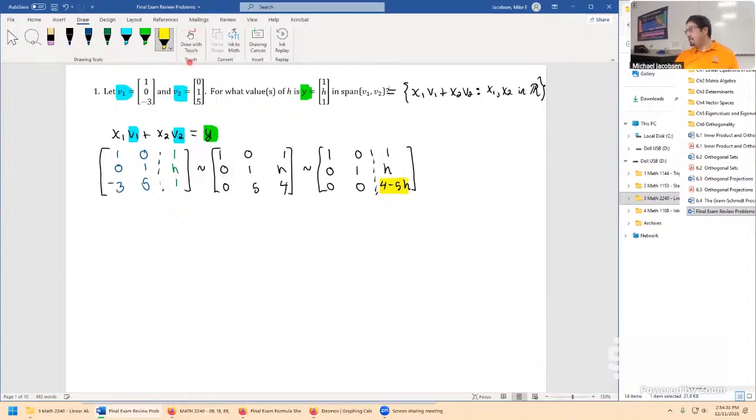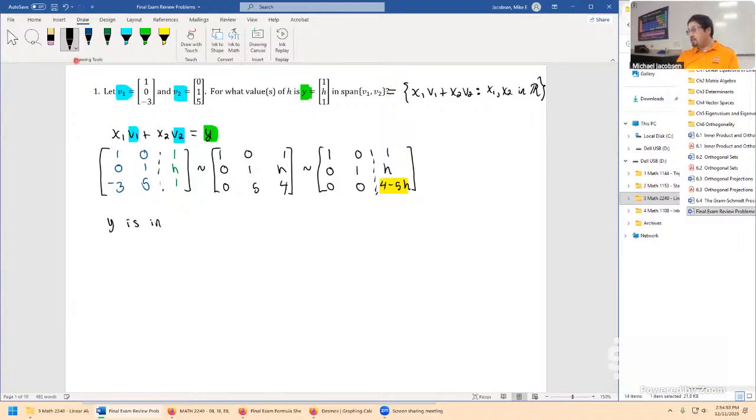Everything now hinges on 4 minus 5h. If that's a pivot, the whole system is inconsistent, which means that vector equation has no solution, which then means y is not in the span set way up here. So the only way to make this be consistent is that has to be 0 exactly. So here's the last connecting thoughts.